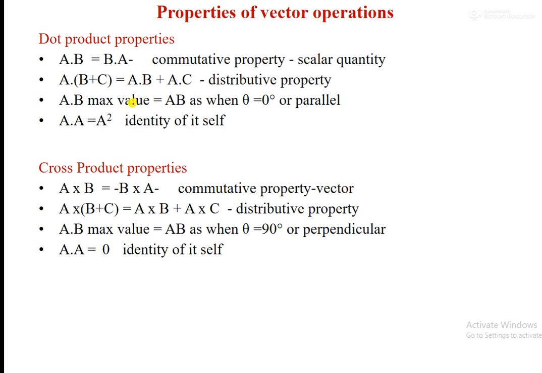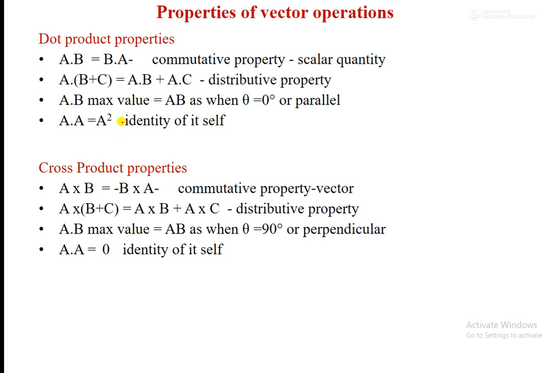This holds good for dot product as well as cross product. When you dot two vectors a and b, the maximum value is ab when both vectors are parallel. When theta is not 0 degrees, we get a value less than a into b.